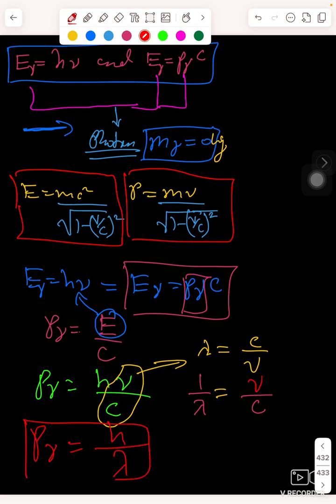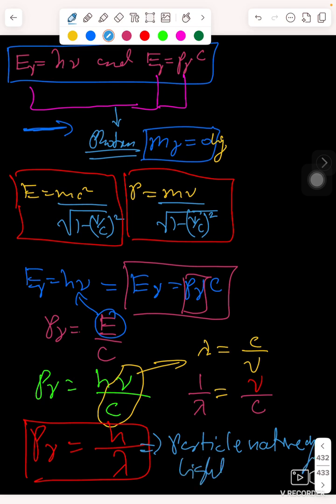Hence, this predicts the particle nature of light. We know that the mass of a photon is zero, so that's how we get this equation.